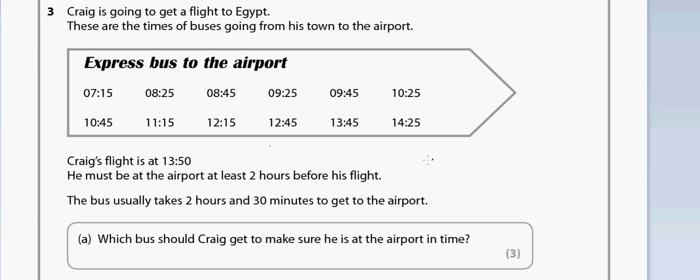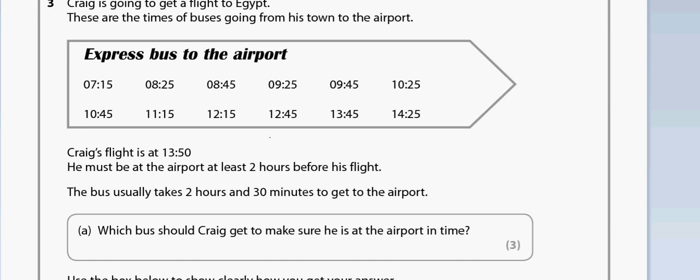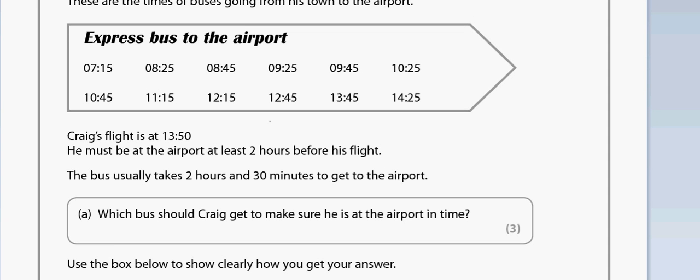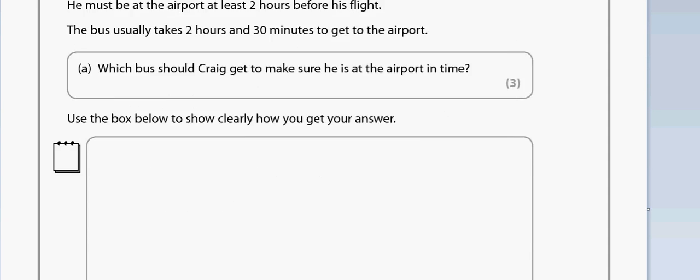So we know that he has to be at the airport 2 hours before the flight, and we know the flight is at 13:50.